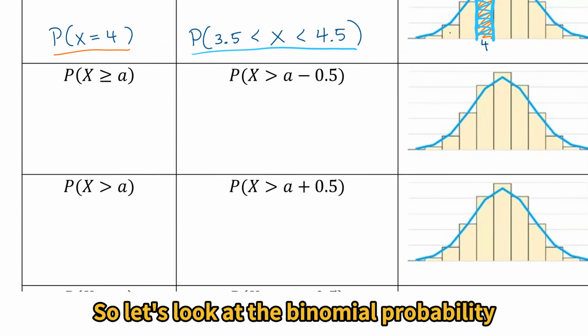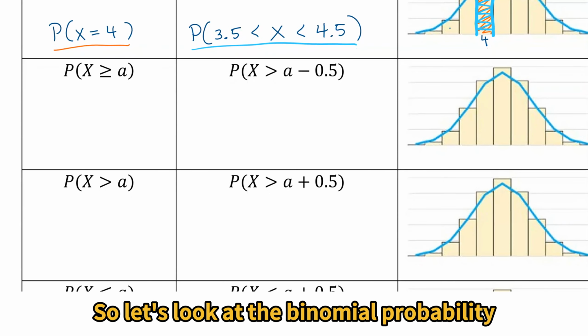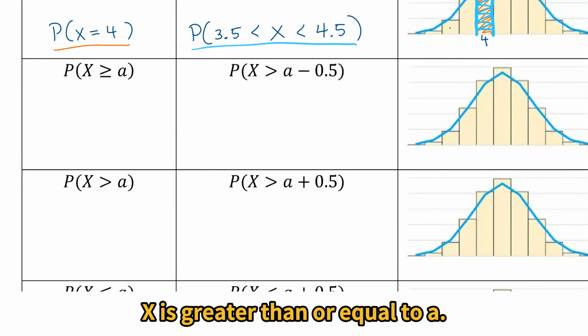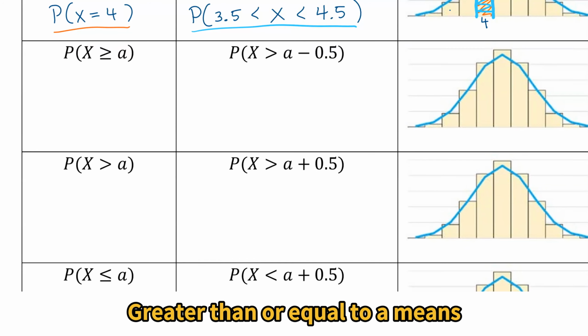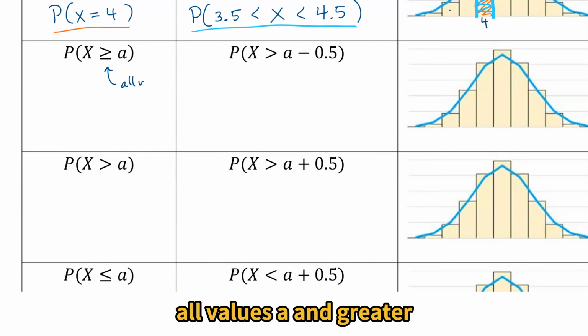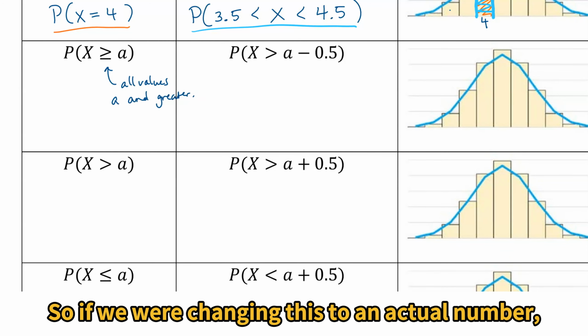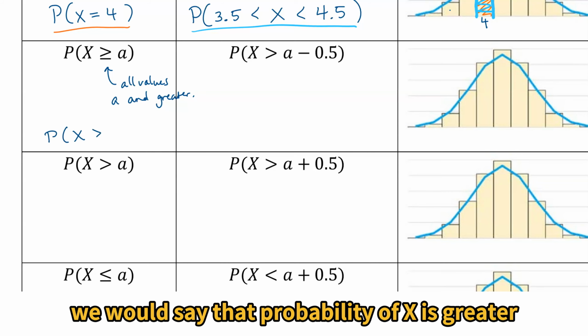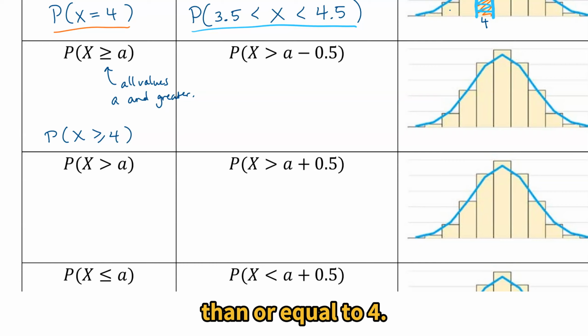Let's try another one. So let's look at the binomial probability x is greater than or equal to a. Greater than or equal to a means all values a and greater. So if we were changing this to an actual number, we would say the probability that x is greater than or equal to 4.